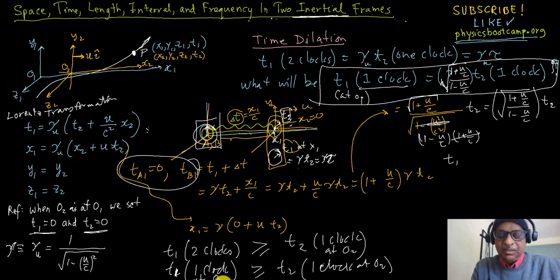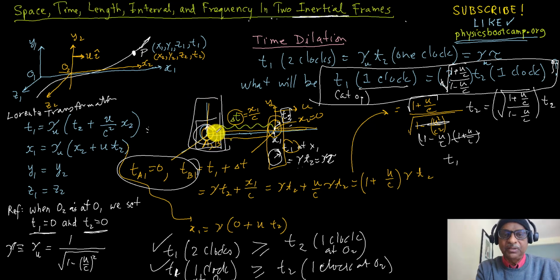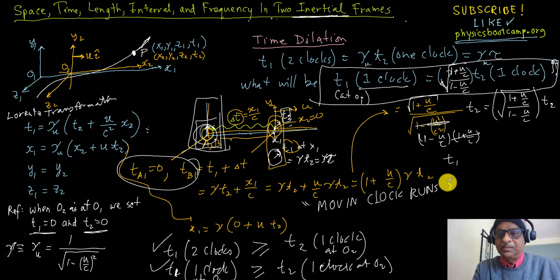So you can see in both scenarios the time in this rest, when the clock moving, the moving clock runs slower, right? Moving clock. So we can say a moving clock runs slower. This is behind that twin paradox.